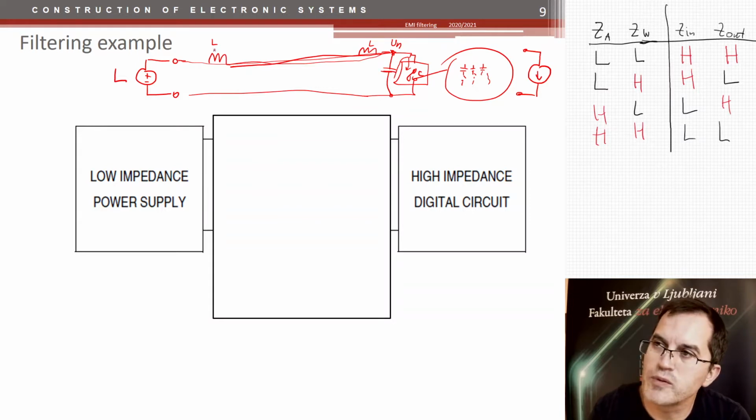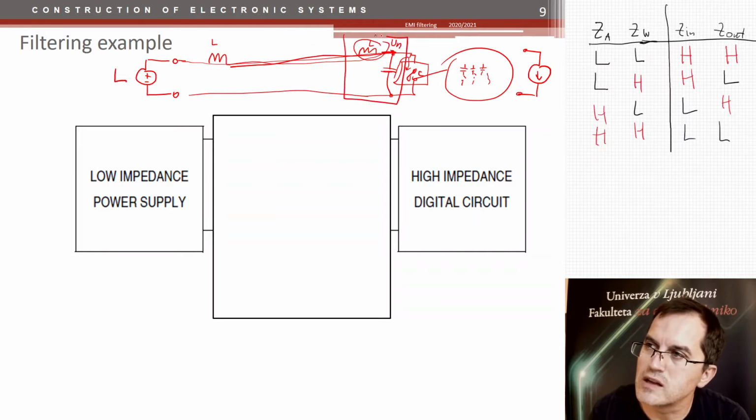So where should we put this coil? Here or there? The answer is here, because we want to make this area for voltage noise coupling to the surroundings by a mutual capacitance as small as possible. So we will make this kind of filter here.